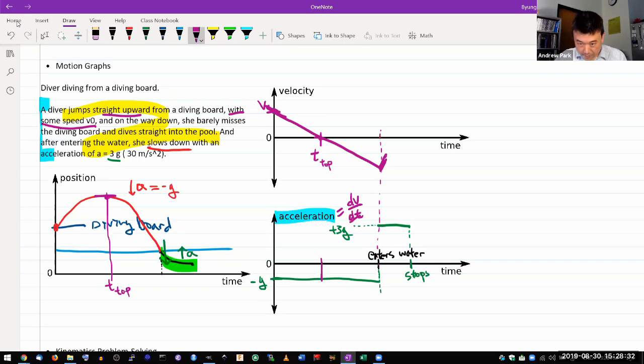So let me just put this point here so that I can do it reasonably to scale. So it looks something like this. So once again, constant slope, and the slope that you see here should match with the value that you see here.